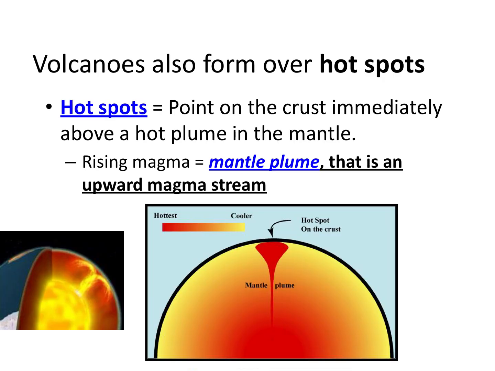Volcanoes also form in the middle of plates instead of at plate boundaries, and these areas are called hot spots, and those are spots where there's a mantle plume, or the rising of magma through the crust, basically through the mantle and the crust. That's an upward stream.